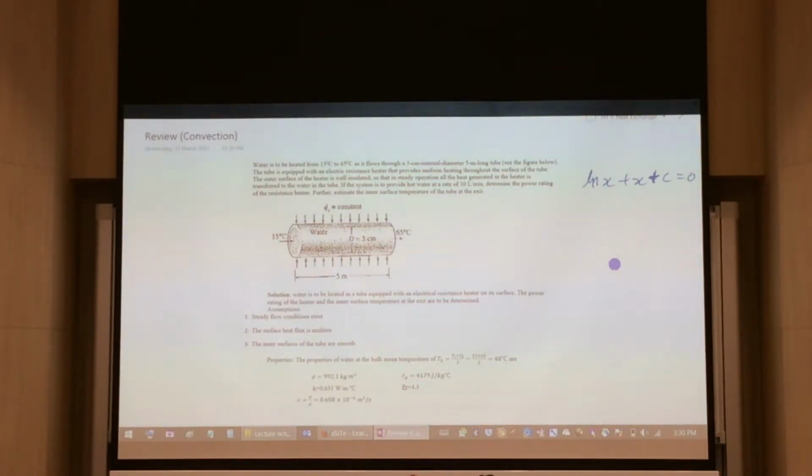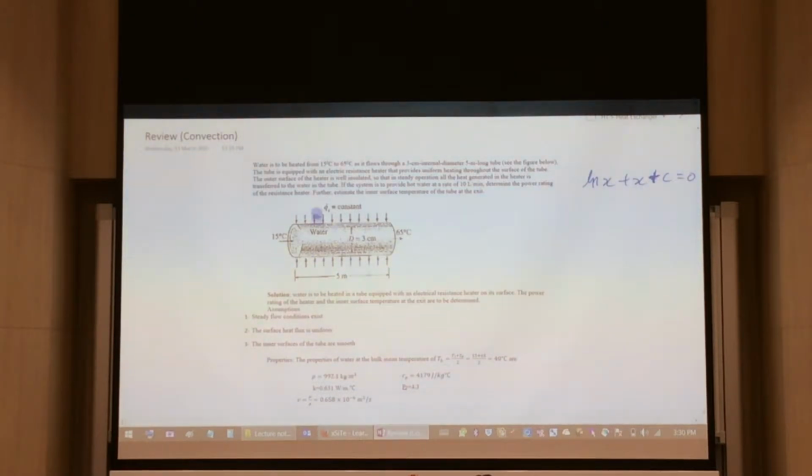So in this question, you have this pipe over here, having a fluid that's heated from 15 degrees Celsius to 65 degrees Celsius. And this pipe has an internal diameter of 3 centimeters and is 5 meters long, right, this tube of pipe.